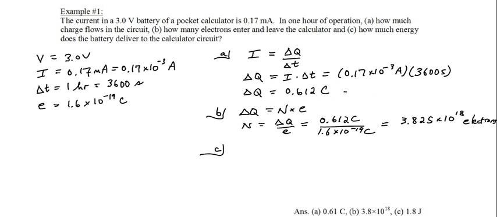So if you recall, the total energy, which is going to be electric potential energy, is equal to Q times the voltage, delta V or V. So that charge is 0.612 coulombs, and the voltage is 3.0 volts, or joules per coulomb.